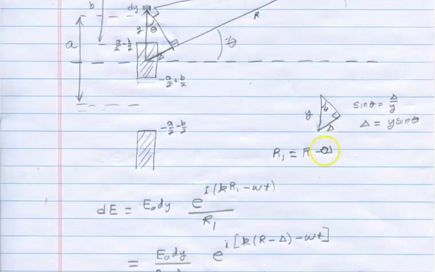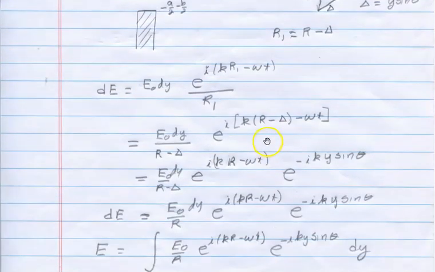And again, we make the substitution R1 is R minus delta. When I do that, I get this expression. I can again write the i kr minus omega t and separate out the delta term, now with a minus sign, i, and then delta is y sine theta. So this term, the i k delta, becomes this with a minus sign.